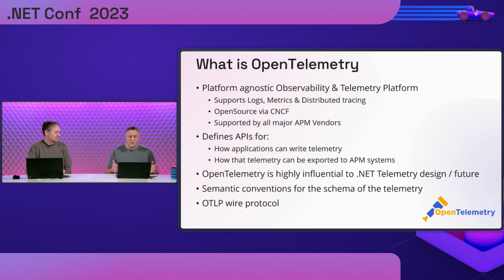Recently, they've signed off on a set of schema, particularly for metrics and other data, which defines exactly how your metric data should look, so that if you're using, say, Node and C#, your metrics will coexist nicely with each other, and they'll use the same terms for the same things. And finally, there's a wire protocol, which is becoming more and more popular, and that's called OTLP.